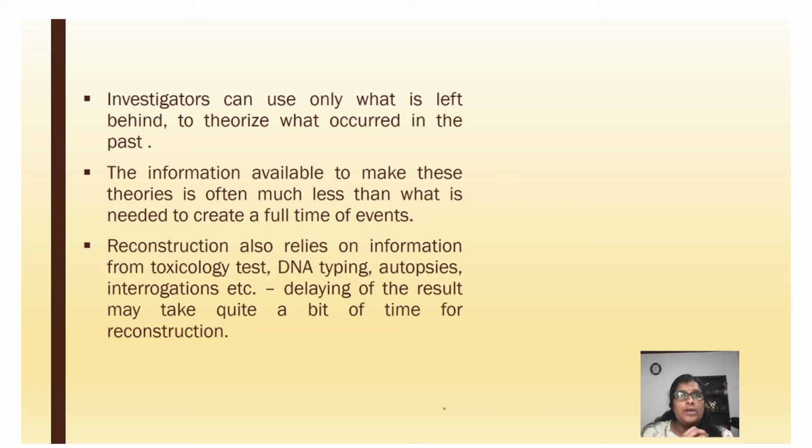In the crime scene, maybe only a trace amount of physical evidence will be there, so only small evidence they will get. From these small pieces of evidence, they have to generalize things, they have to finish the case, they have to investigate the case. So this is also a limitation for crime scene reconstruction.